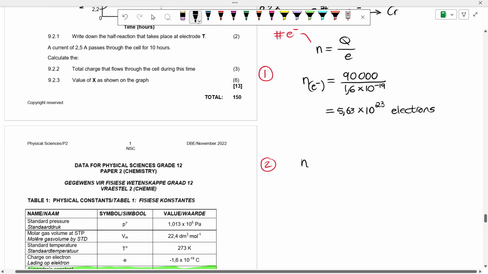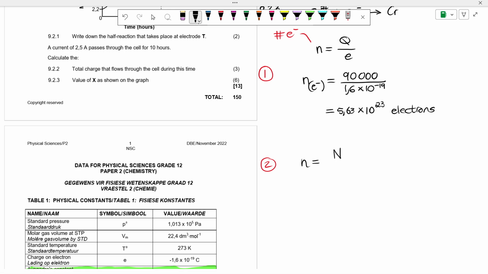So number of moles is equal to N over Na. Then in the substitution, I say the number of moles of electrons. Maybe you see this N. I really hate this small letter n. Maybe let's just use the big letter N, because the small one really conflicts with the number of electrons or the number of moles.